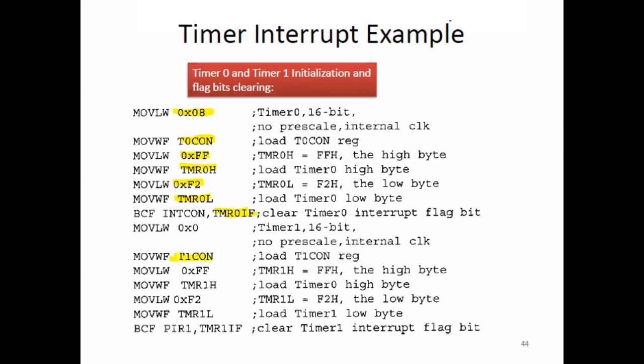We have to give the value of timer 1 control, the initial value of timer 1 high, the initial value of timer 1 low, and we have to clear the flag. So this part is the timers configuration. And we are done with the main. Is this clear?